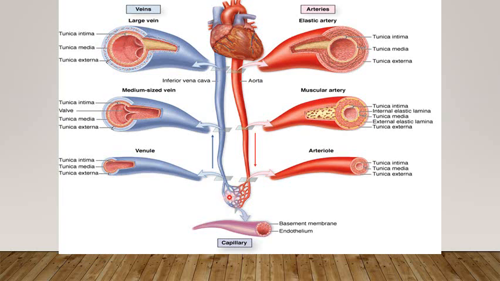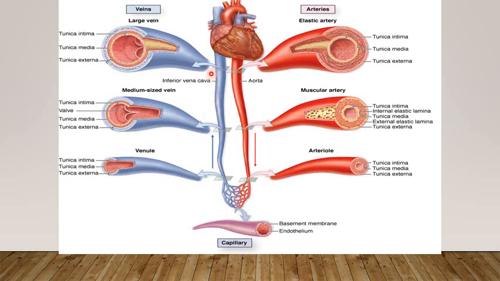Now from here you can see that these capillaries converge into new channels known as venules. Then these venules ascend up and make up the medium size veins and then the large size veins. So today we will see the structural composition and function of the capillaries and their classification, as well as the types of veins formed from these capillaries.